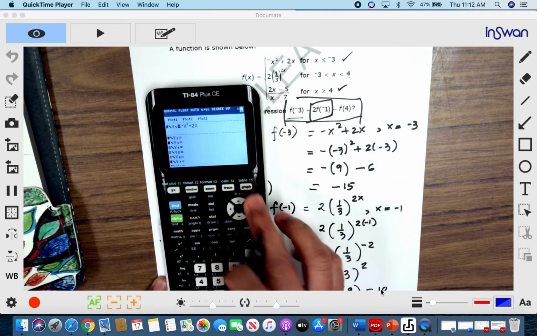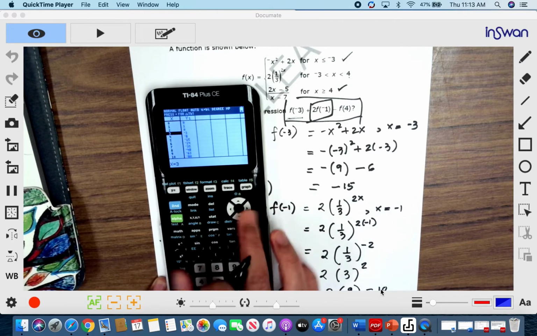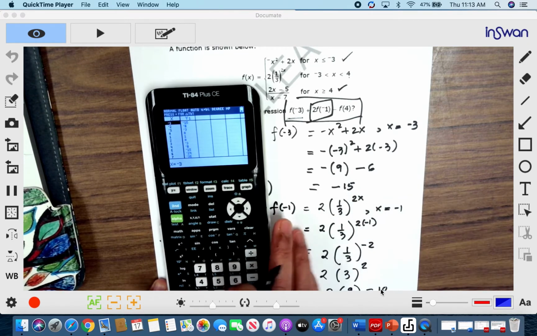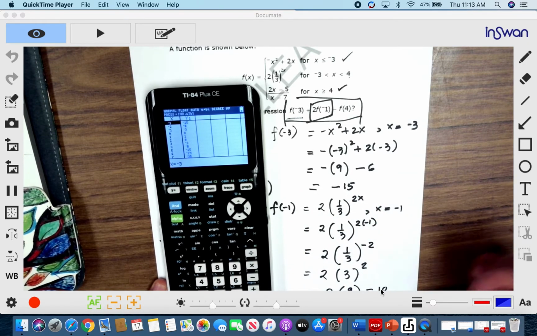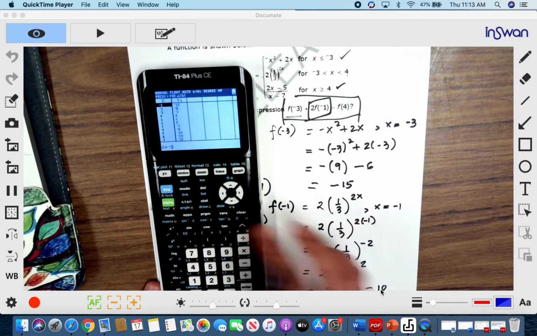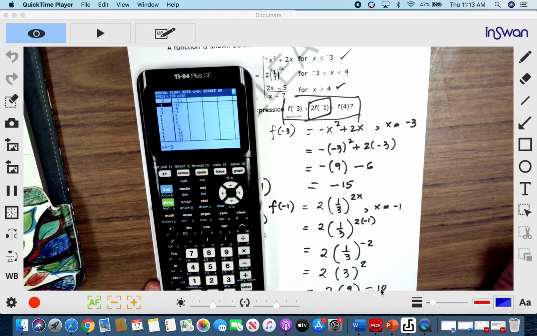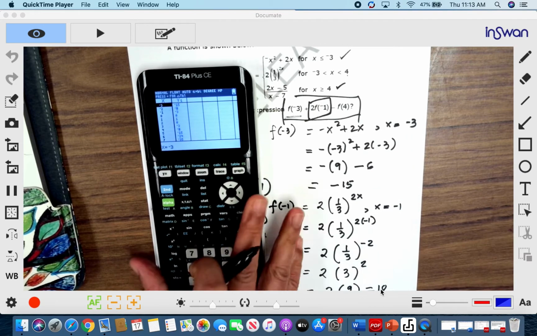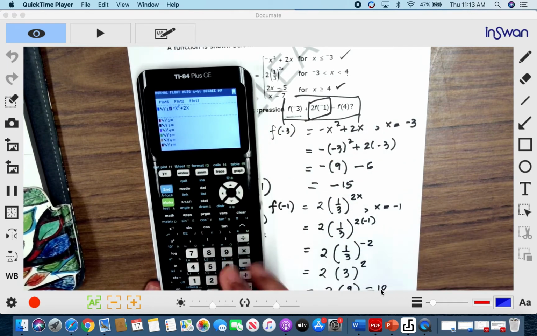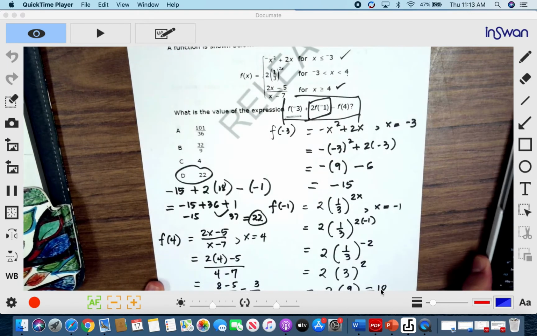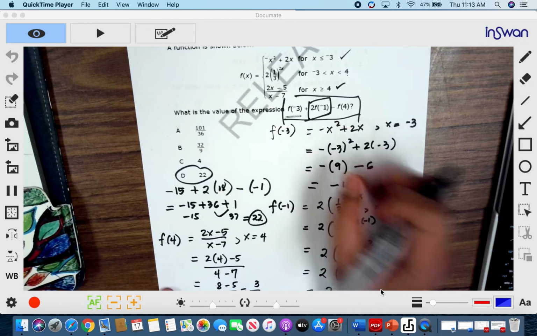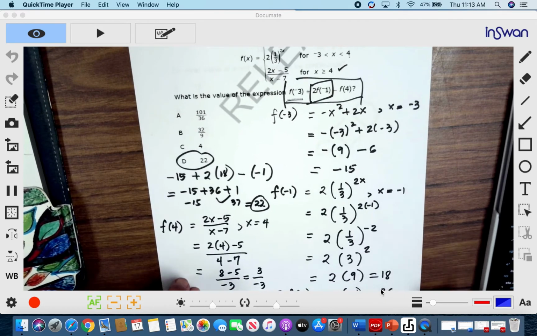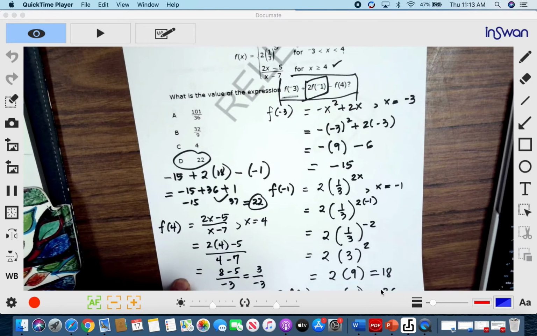You go to second graph, go to -3, and you will see that the value of the function is -15, which is equal to our answer. You can also use this in the second equation. You don't actually need to do the algebraic operation, your calculator can help you do that too. But you have to put your pieces one at a time, then go to the second graph and look for the value of x and follow the rule of the function that's given to you. That's how to make use of your graphing calculator.